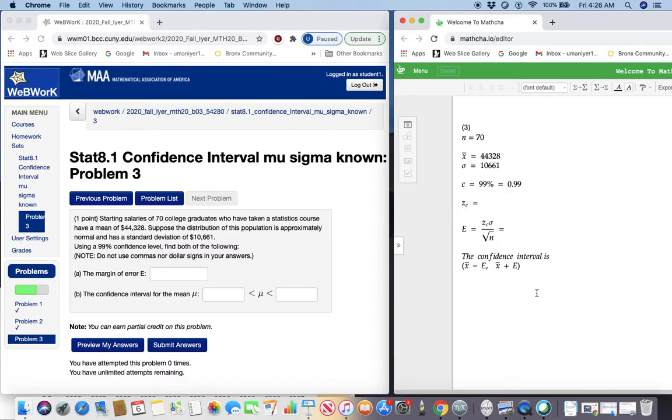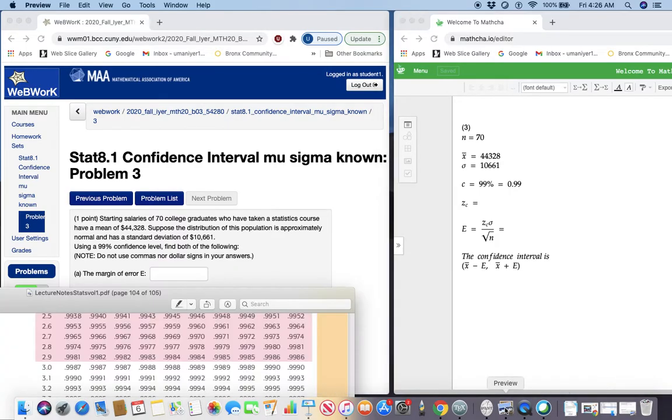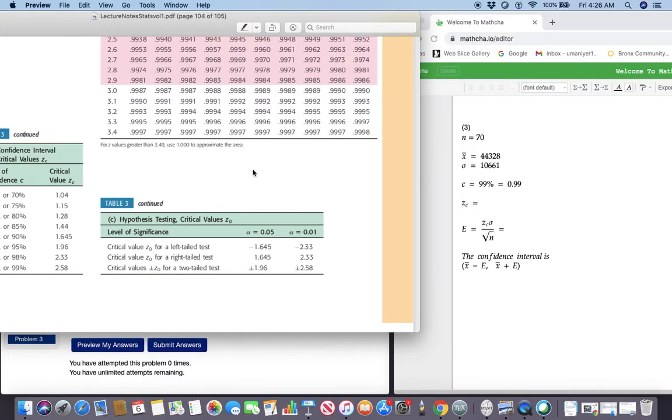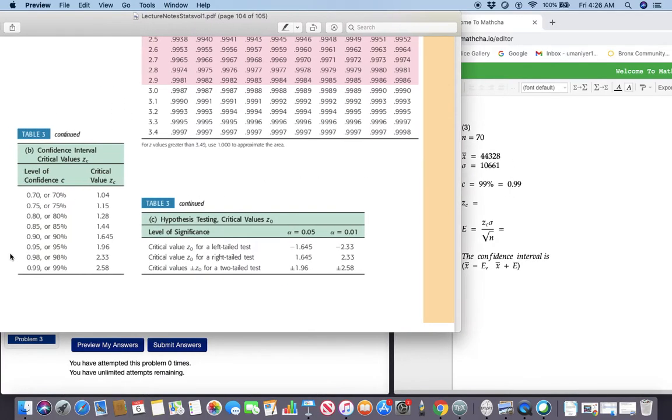So how do I find z c? I again refer to the chart here. For 99%, z c is 2.58.